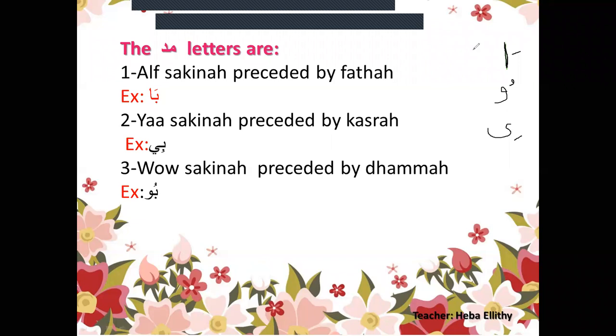To make it easier for you, any mad letter, I will call it mom. The haraka before it, the vowel before it, we will call it her daughter. So if I have a daughter followed by her mom, or a mom preceded by her daughter, that means it's the same family, so I will stretch it.